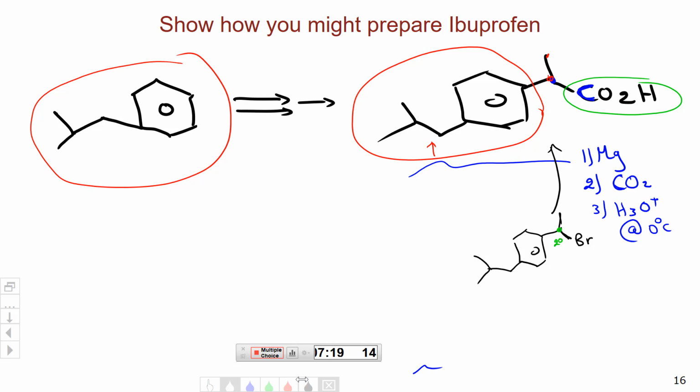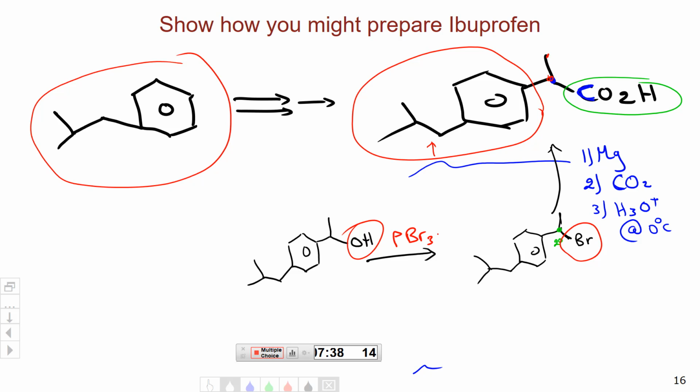One of the things we can do is go backwards and say, oh yeah, we can usually substitute an OH with a Br, which we've seen in a couple of slides before. If I have an OH, I can replace that with a Br using phosphorus tribromide. So all we're doing here is a substitution of the OH with a Br. This is a secondary alcohol.